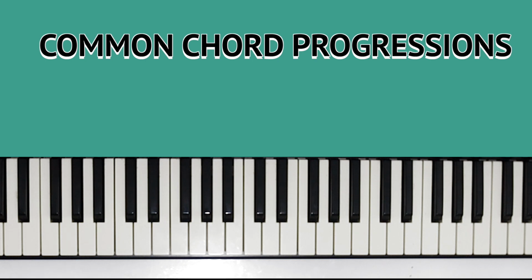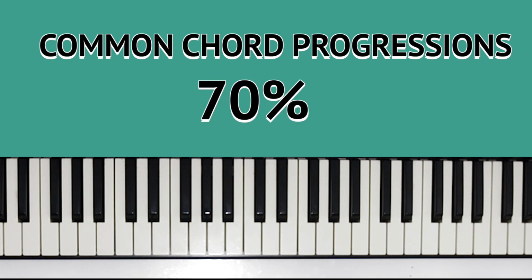Out of those 100 songs, let's say 70% of them have what you call a common chord progression. You would pick up a similar pattern going on there in those songs.